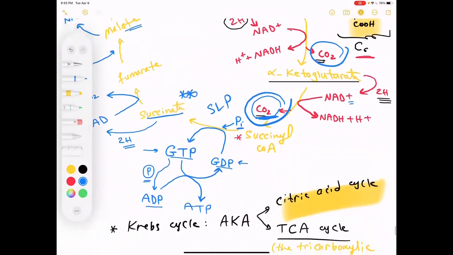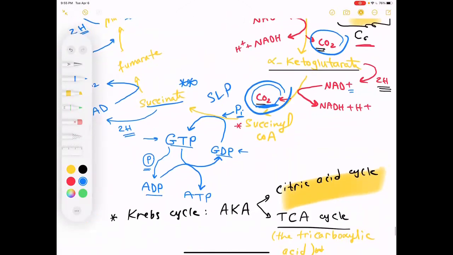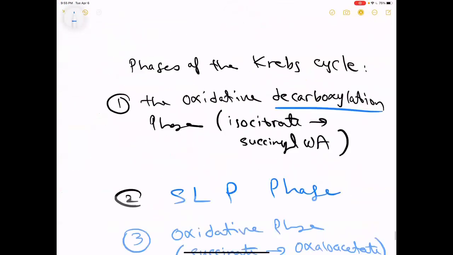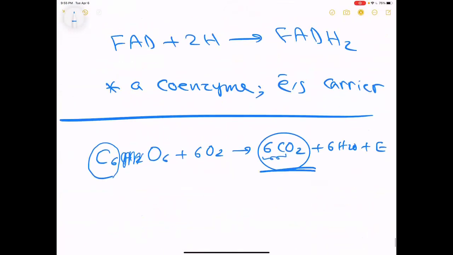What is the point by which the oxidation is concluded? Right there, because I already oxidized the sugar. That's how I was able to tell there is no more CO2 being released, because I was expecting 6 and I already have them.